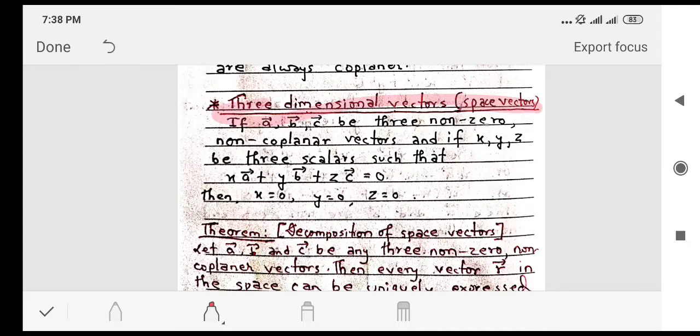If vector a, vector b and vector c are three non-zero non-coplanar vectors, and x, y, z are three scalars such that x vector a plus y vector b plus z vector c equal to 0, then the scalars x equal to 0, y equal to 0, and z equal to 0. We discussed the same result for two-dimensional, and the same result occurs for three-dimensional vectors as well.